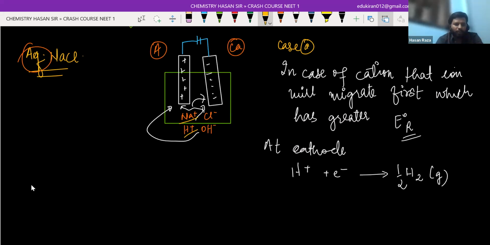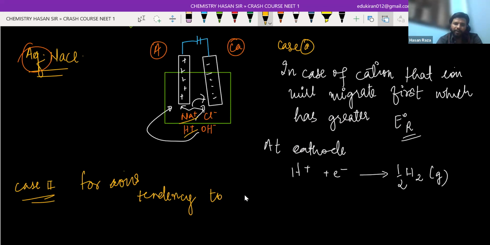Now in case B, it is on the basis of the tendency of anions to migrate. I'm going to write a series.